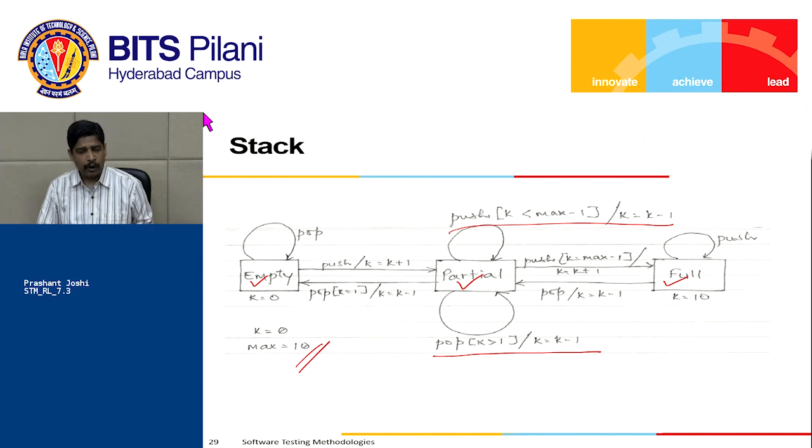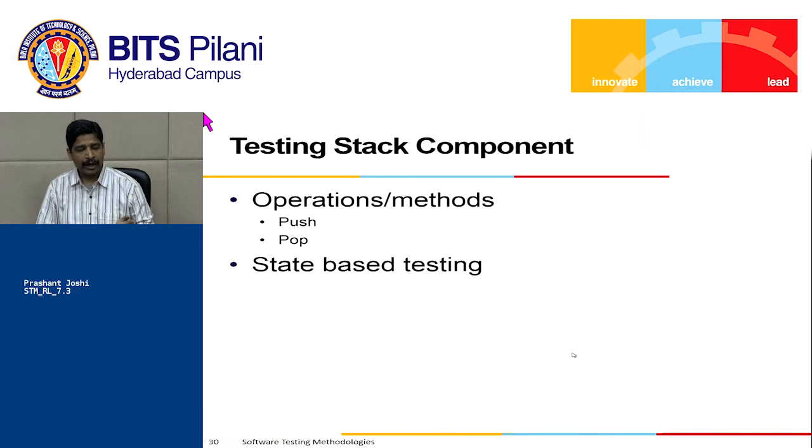So let's take this forward and look at if we have to see stack as a component. Now we have to test this stack as a component. So we have got operations or methods that come to us, which is push and pop. And now we are going to do state-based testing. So what does it mean to us when we are doing state-based testing?